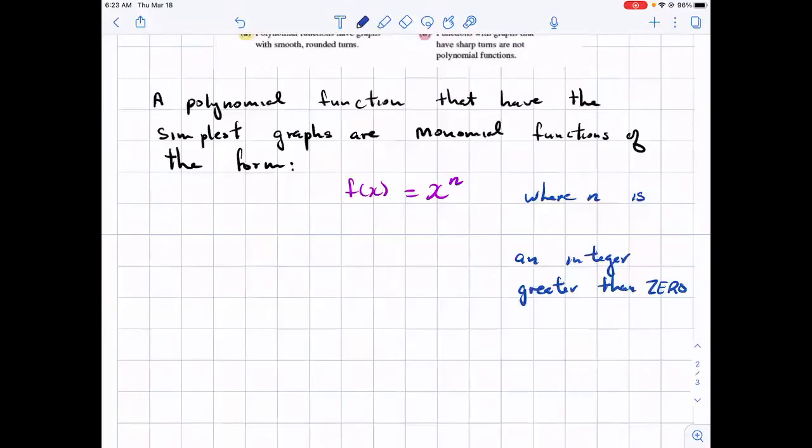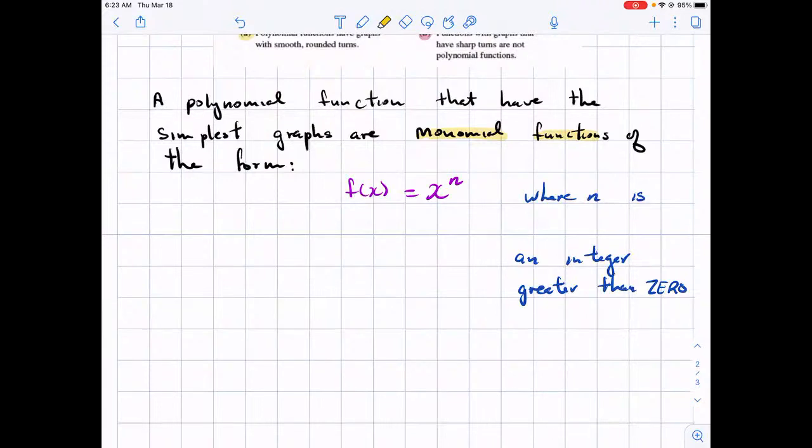Polynomial functions that have the simplest graph are monomial functions. And remember, a monomial function is a one-term polynomial. So x to some power n, where n is an integer greater than 0, will be the simplest polynomial function.